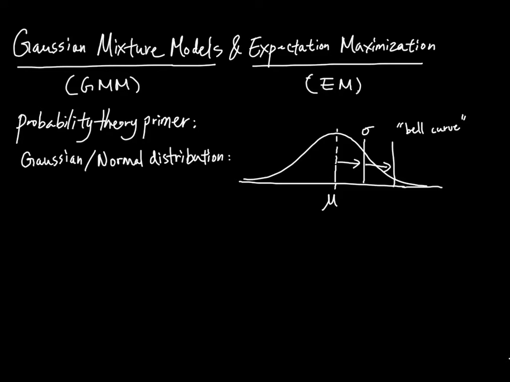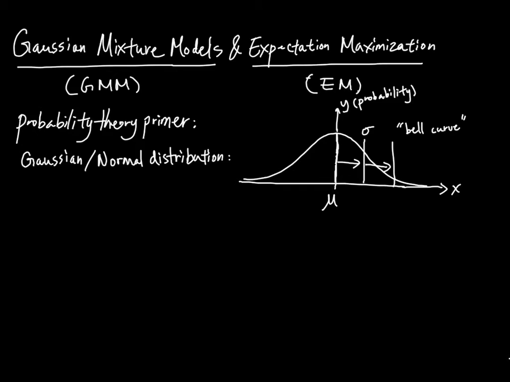So why does it look like a bell curve? Actually, this distribution is currently only under one variable called x, and this y-axis here is the probability of it occurring. So it makes intuitive sense that when something's near the middle of your distribution, it's more likely to happen, right?